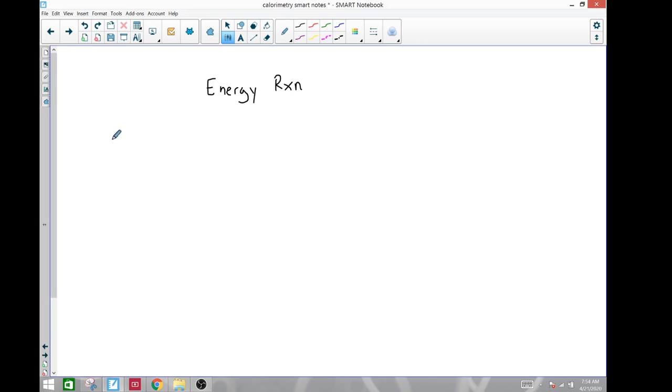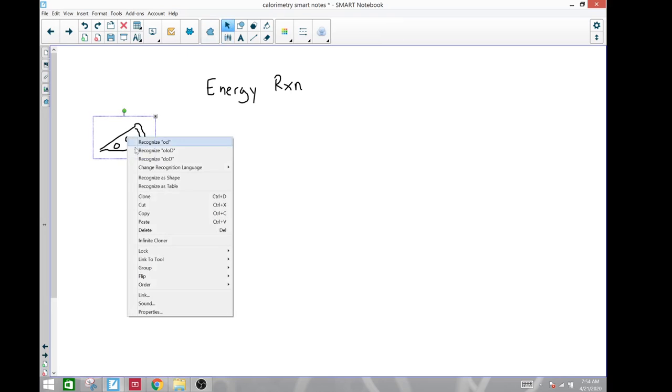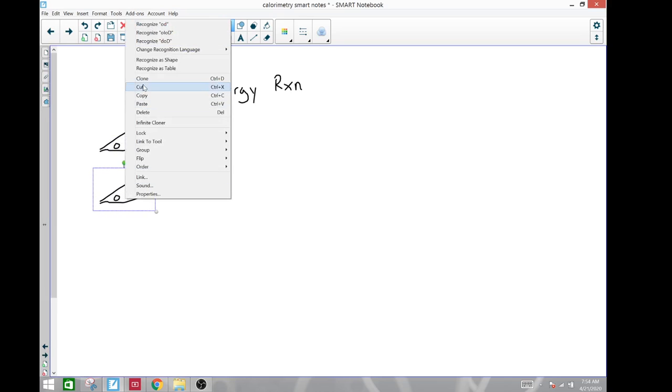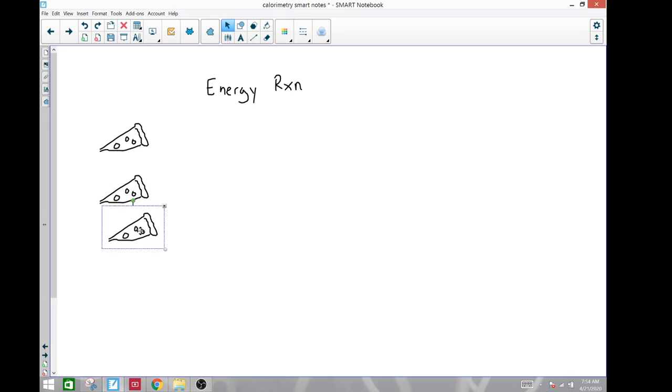If you were to eat a slice of pizza, how much energy is in a slice of pizza? Well, it really kind of depends how much pizza you eat. If you eat one particular slice of pizza, then you get X amount of energy. But of course, if you eat two of them, or if you were to eat three of them, then of course you get more energy.